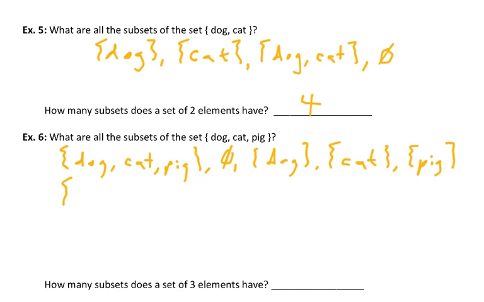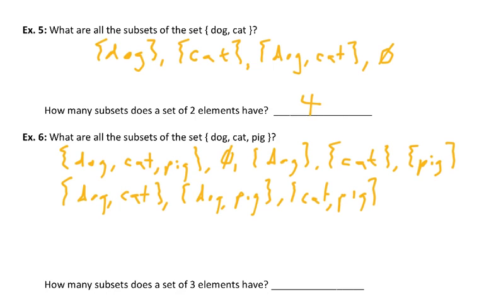But couldn't you also have the dog and the cat, or the dog and the pig, or the cat and the pig? All of those would be subsets, and let's see how many we've got if you count them all. We have 1, 2, 3, 4, 5, 6, 7, 8.